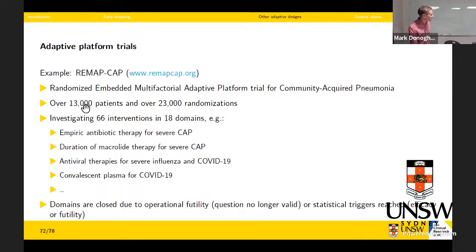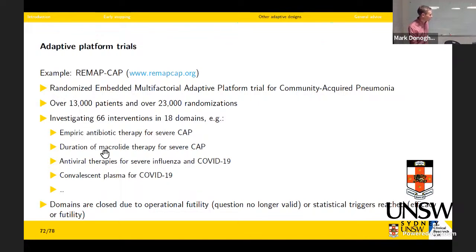So during COVID especially, they had a lot of patients come on board, and up to now they've recruited over 13,000 patients. And those patients, because they can be randomized multiple times to different treatments, they've had over 23,000 randomizations. They've investigated 66 interventions in 18 different domains.